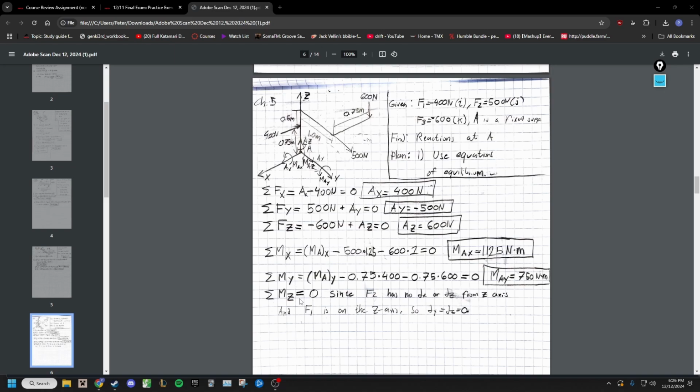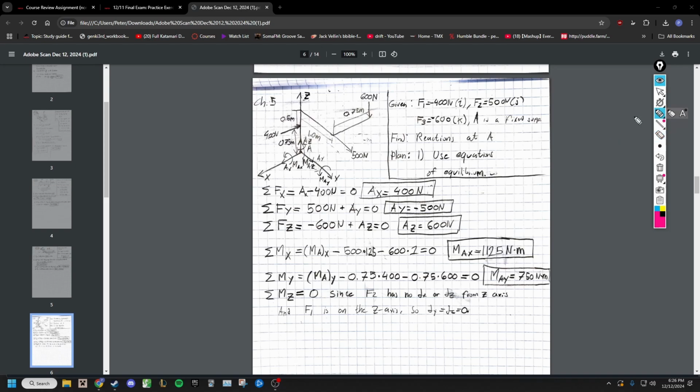When we do M of z, there ends up not being a reaction because this force here acts on the z-axis, so there's no distance from the z-axis, so it's just 0. And this force here is parallel to the z-axis, so we can't have that be a moment.